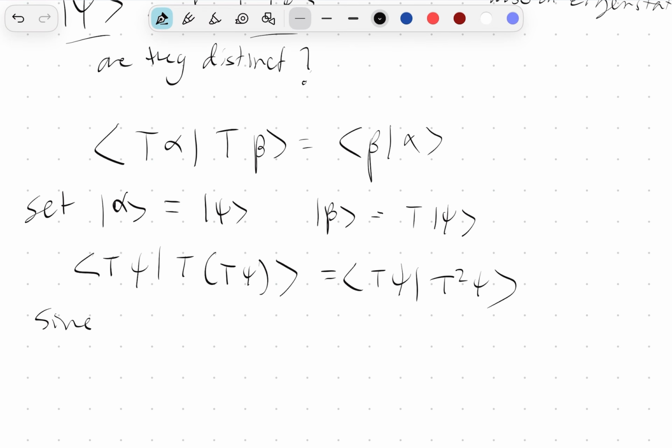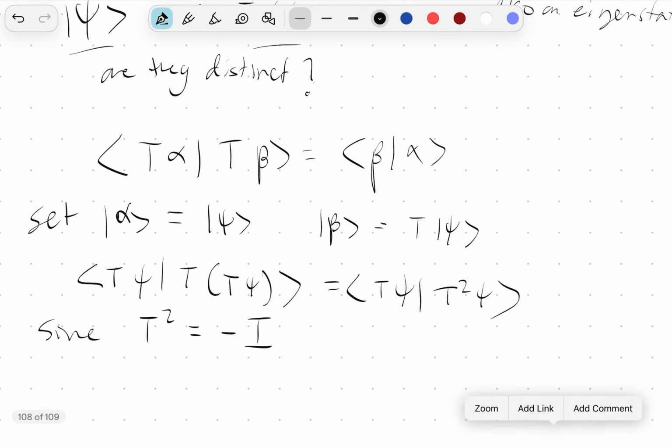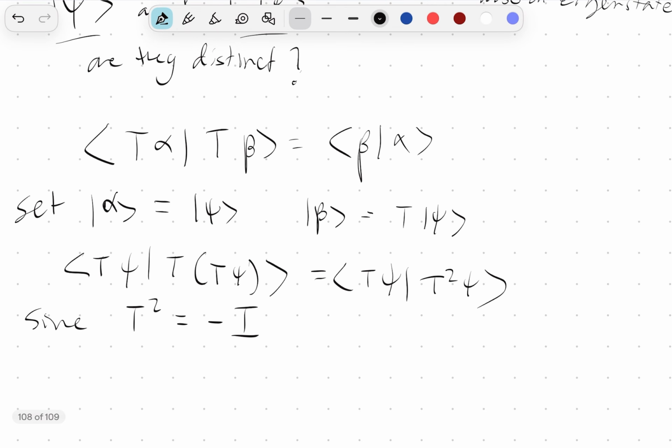And since we have that T squared is equivalent to negative I, and this is for half integer spin, then we can have that T squared on psi is equivalent to minus psi.